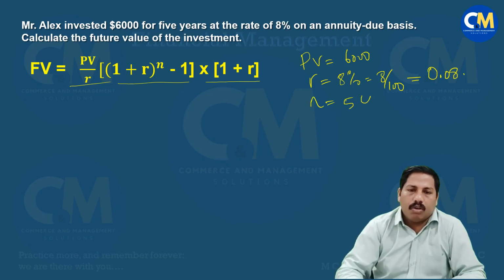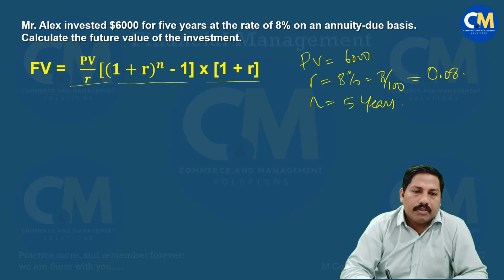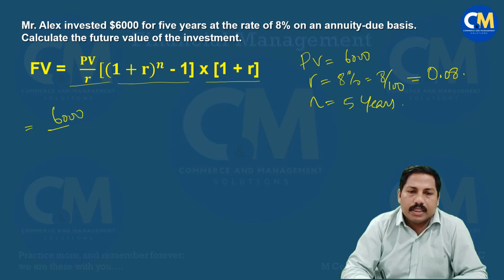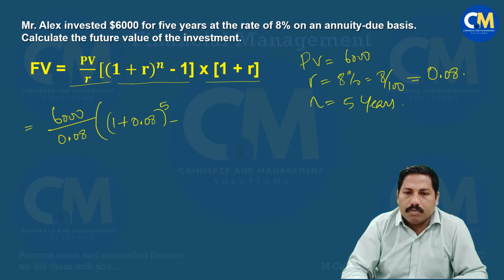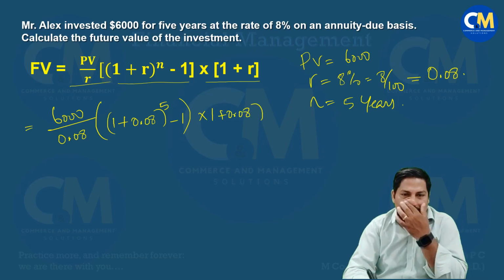Just apply all these values in the formula, then you will be getting 6,000 divided by 0.08 into 1 plus 0.08 raise 5 minus 1 whole brackets into 1 plus 0.08.